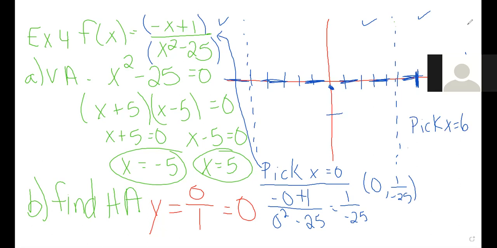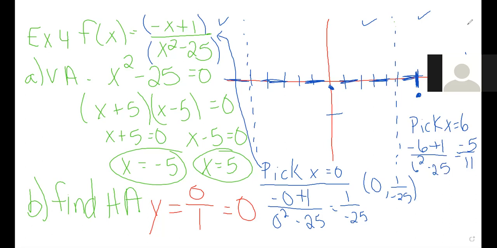So if we pick 6, we have -6 plus 1 over 6 squared minus 25. And so -6 plus 1 is -5. 6 squared is 36 minus 25 is 11. So that would be right around in here somewhere.